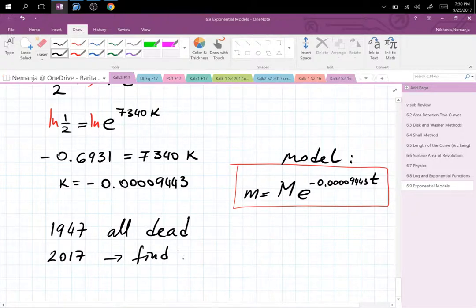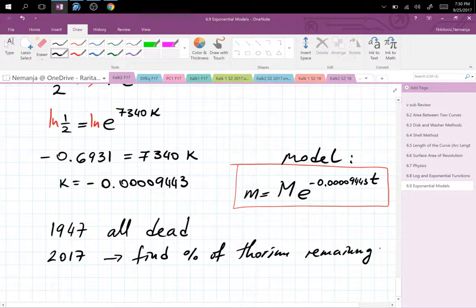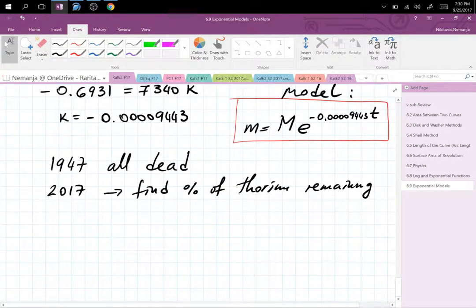Find the percent of thorium remaining. Because decay is going to happen, right? Decay is going to happen.